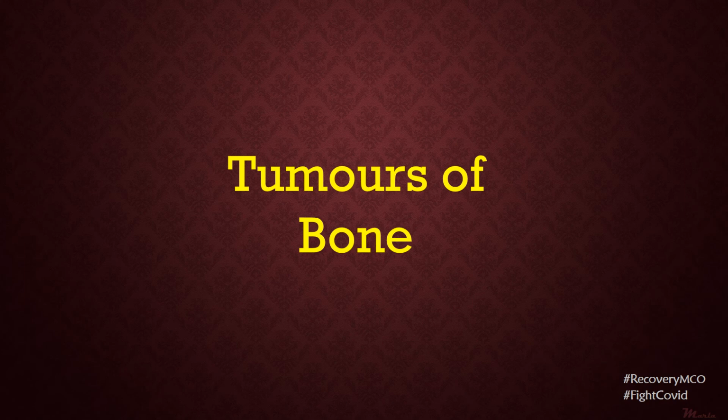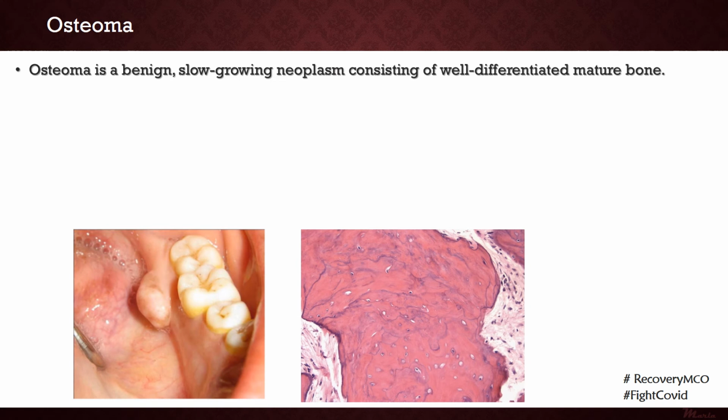Moving on to the tumors of the bone. Osteoma is a benign, slow-growing neoplasm consisting of well-differentiated mature bone. The osteoma generally presents as a hard, bony swelling on the surface of bone, and it shows on histopathology well-differentiated bone, that is of normal quality.